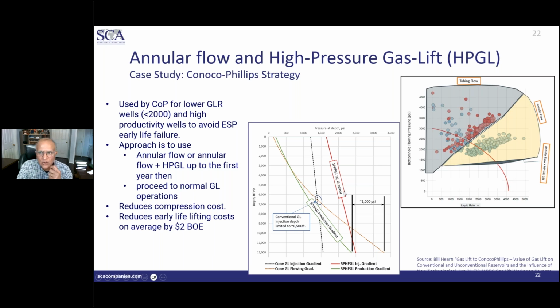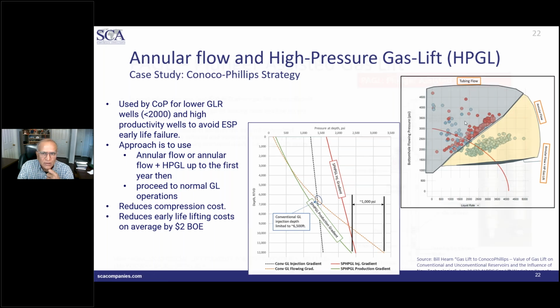And so when you combine that with the annular, as this operating envelope on the right side from ConocoPhillips shows, you can produce as high as 5,000 barrels of liquid, right? And what they are showing here is the operating envelope when they switch from annular flow to the tubular flow.